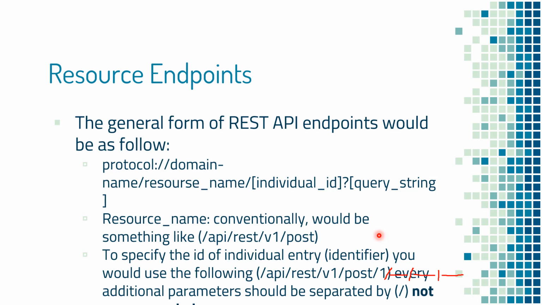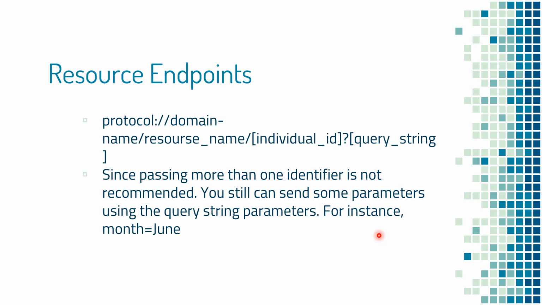But what if you wanted to filter some of this data? That's why most of the time you would use the query string to filter some of the data. For example, if you wanted to return a list of the posts that you published during the month of June, then you can pass the parameter as a query string here, month equal June, and you will fetch this data based on these parameters.